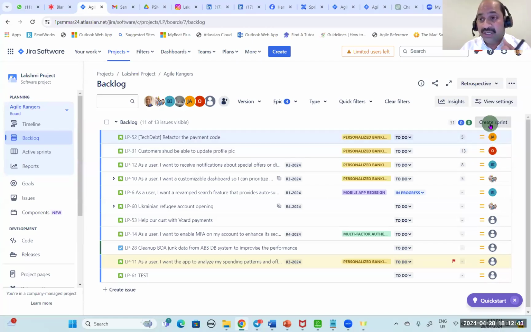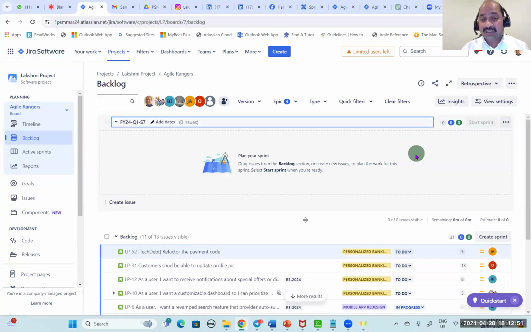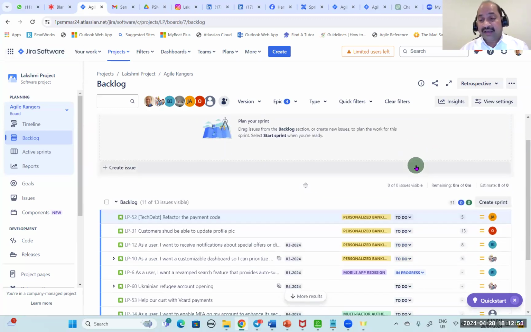Let us assume that day one is today, the sprint planning meeting. You created the sprint as a Scrum Master, and the product owner encourages the team members to pick up the high priority items. Let us say the focus of this sprint is personalized banking for the customer.